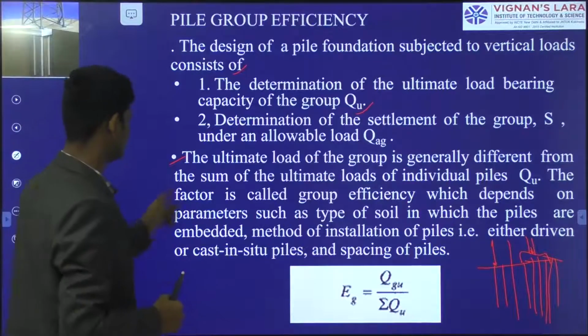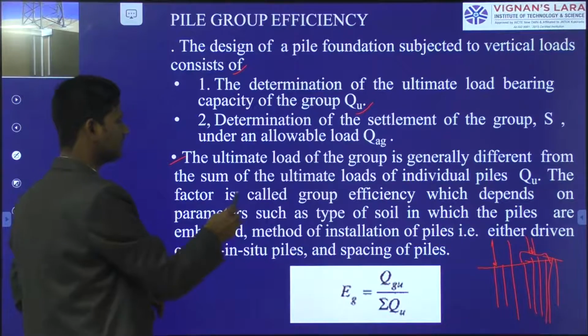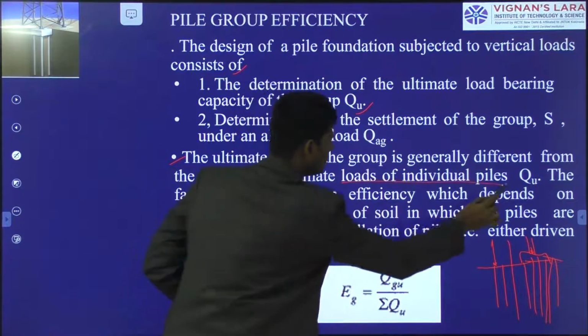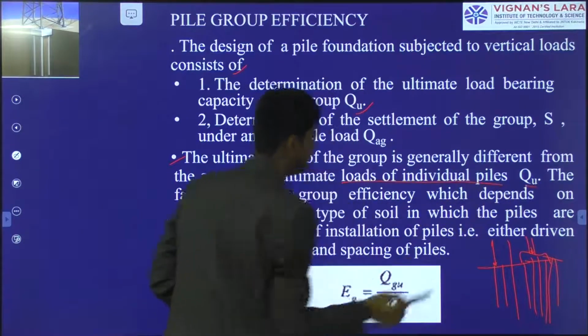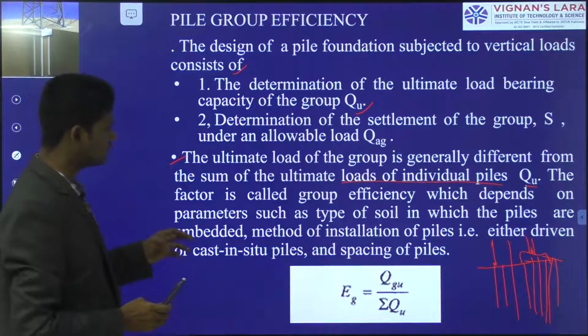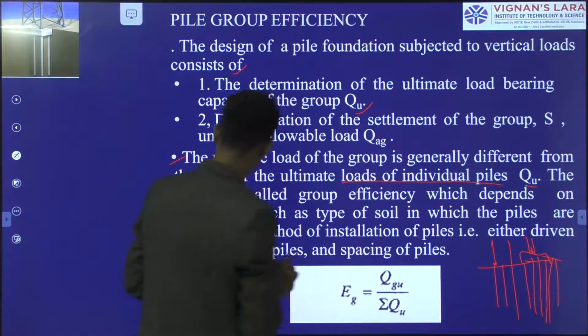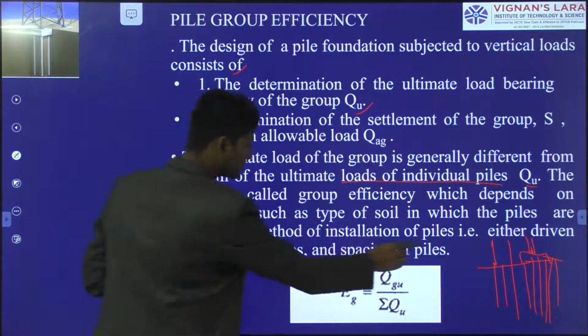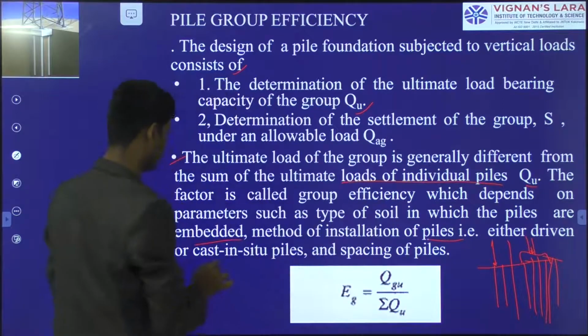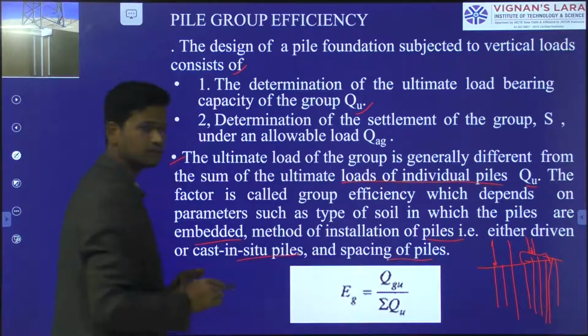Next, if you see here, the ultimate load of the group is generally different from the sum of the ultimate loads of the individual piles. That is the point we have discussed now. The factor is called group efficiency, which depends on parameters such as the type of soil in which the piles are embedded, the method of installation of piles, that is either driven, cast in situ or bored piles, as well as the spacing of the piles.